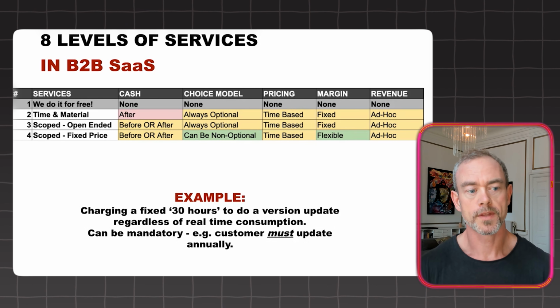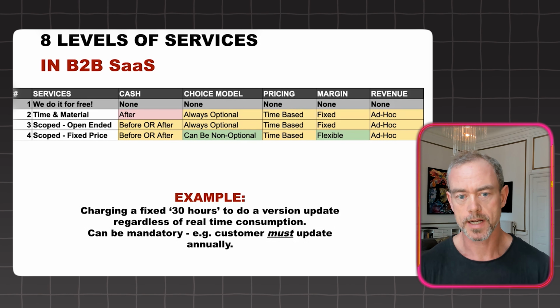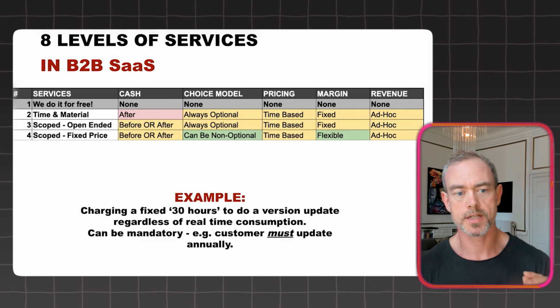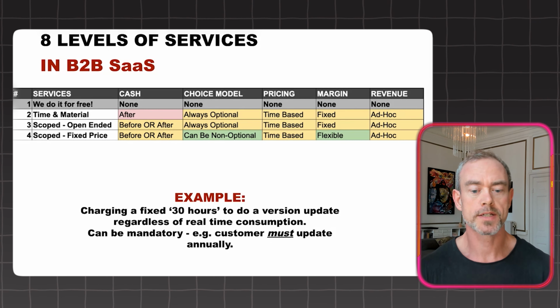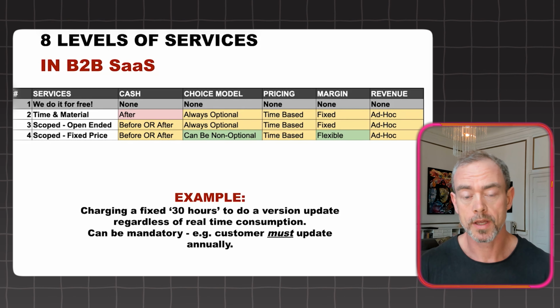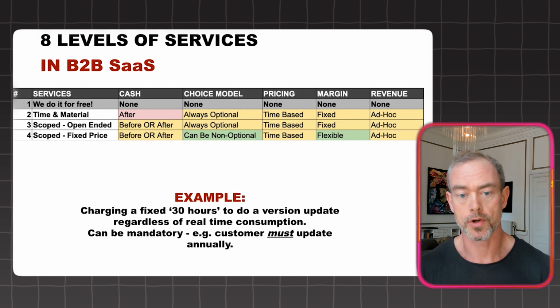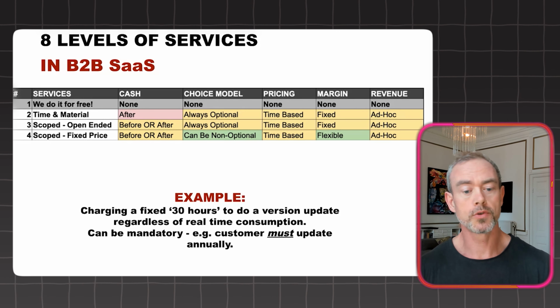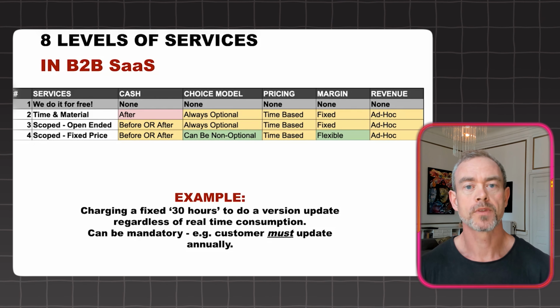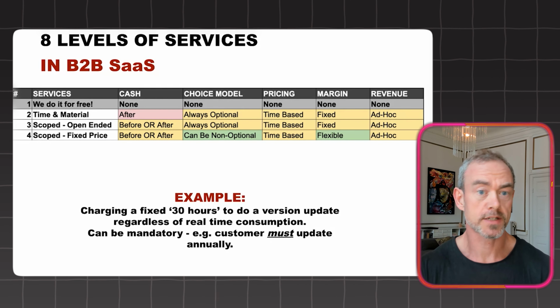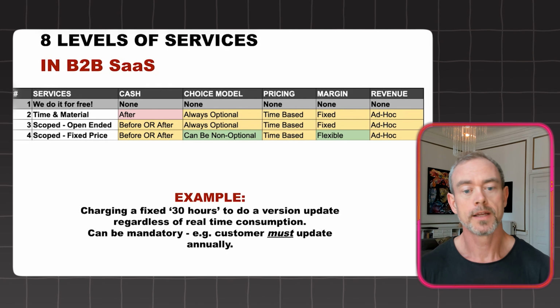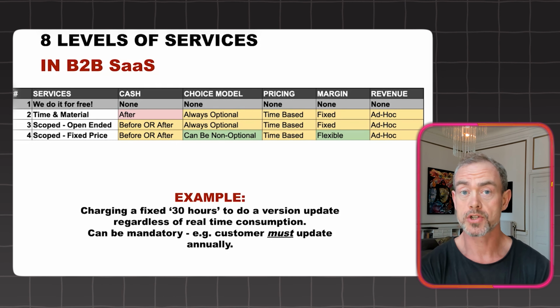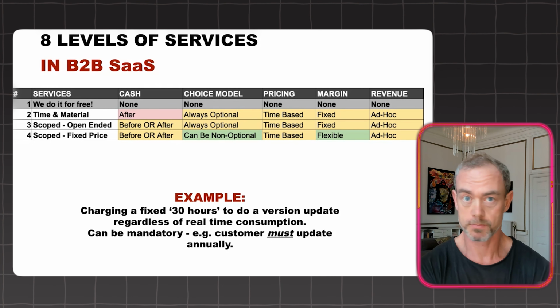Model 4 is scoped fixed price. Now we need to have a little bit of change in the monetization model here, because with fixed price, for the same piece of work, you now just guarantee the 30 hours. You're saying, we're going to do the version update or whatever it is, and it's going to be 30 hours, and that's the fixed price. Great. Now a few things can happen. One, you can actually charge all of it up front if you want, because it's not going to change.